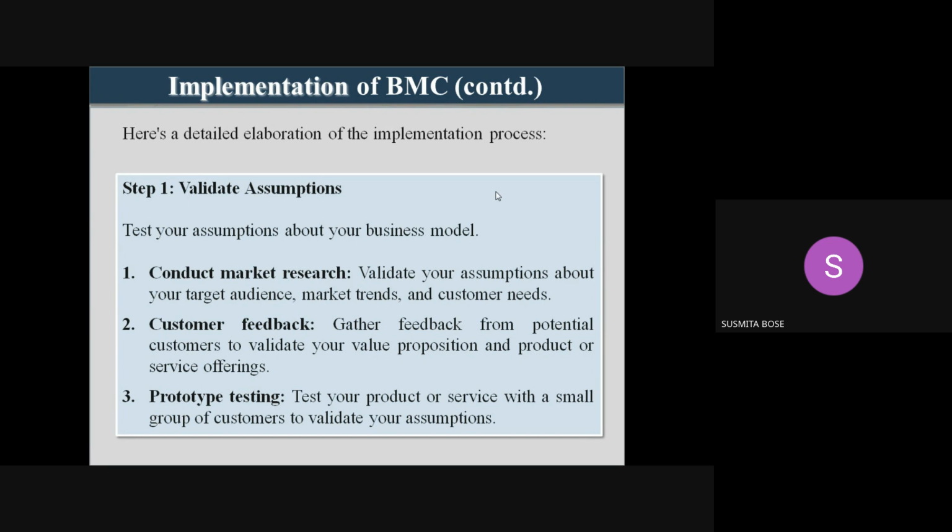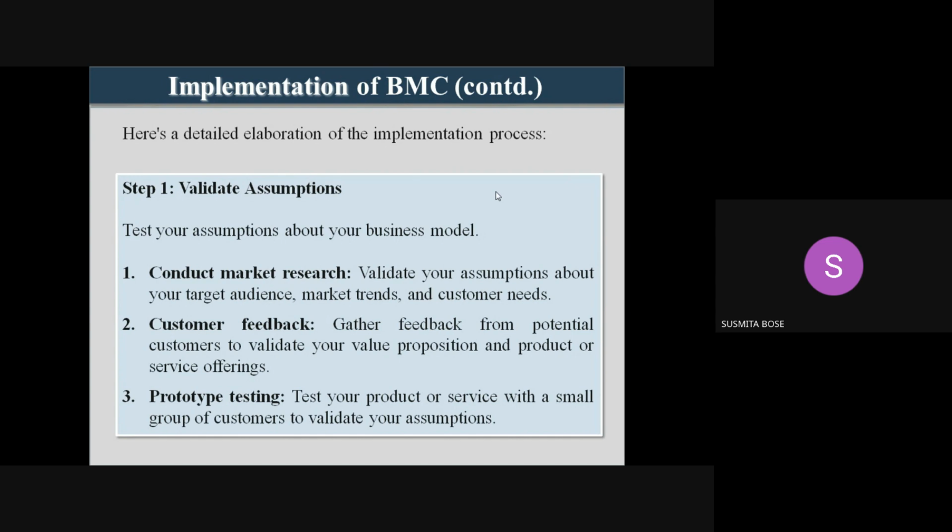What is actually customers' behavior or customers' preference, that information you will get from market research or customers' feedback. And then it is prototype testing that you have to do, that you have to test your product or service with a small group of customers to validate your assumptions.